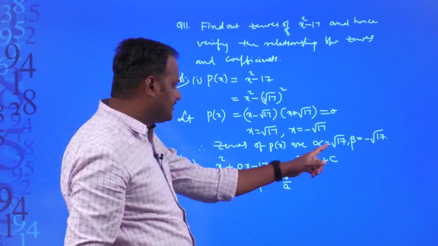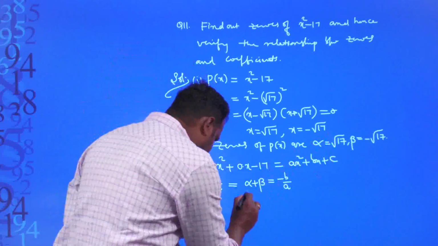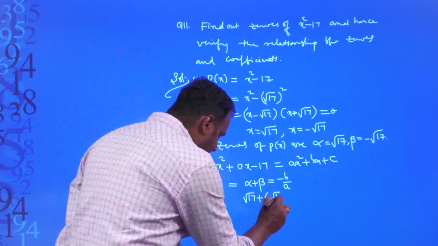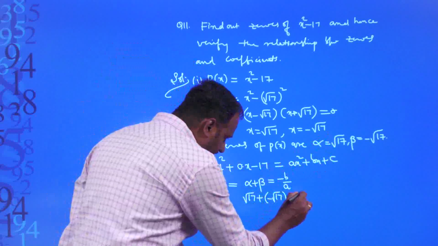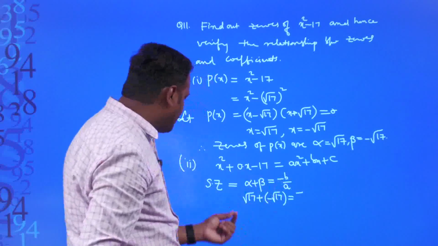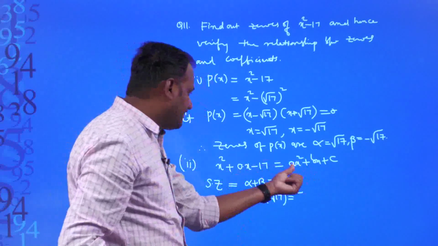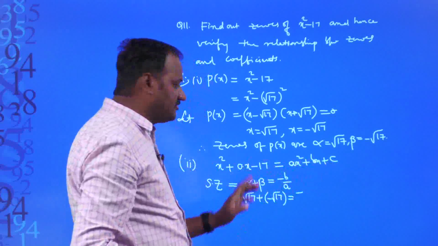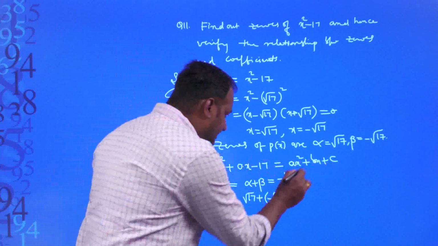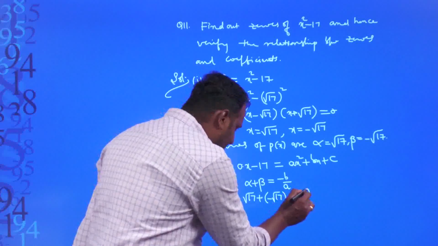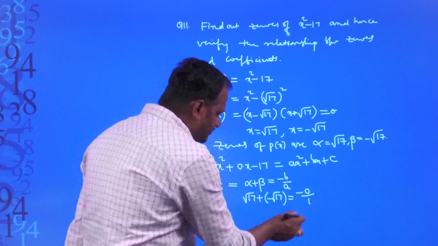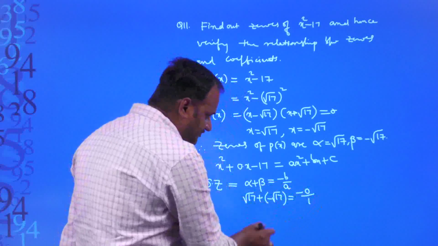The value of alpha is equal to root over 17 plus beta is equal to minus root over 17, which is equal to minus the value of b. What is b here? When you compare them, a is equal to 1, b is equal to 0 and c is equal to negative 17. So, that b is equal to 0. So, minus 0 divided by a is equal to 1. 0 by anything is equal to 0. But what is root 17 minus root 17?